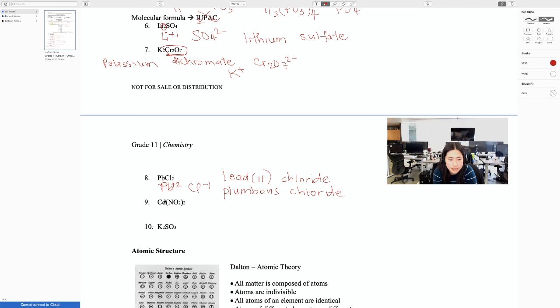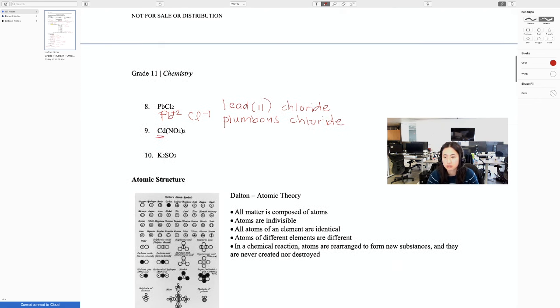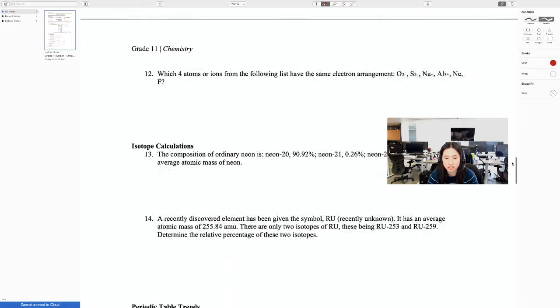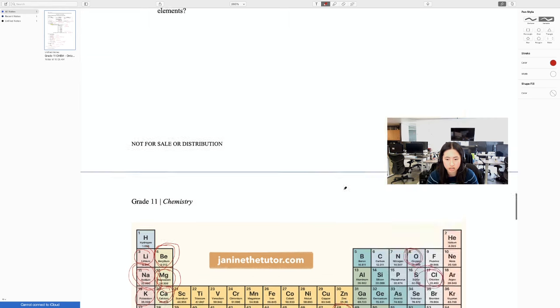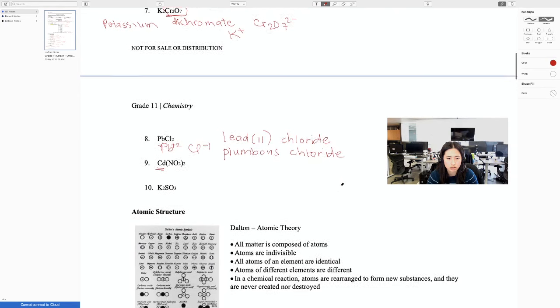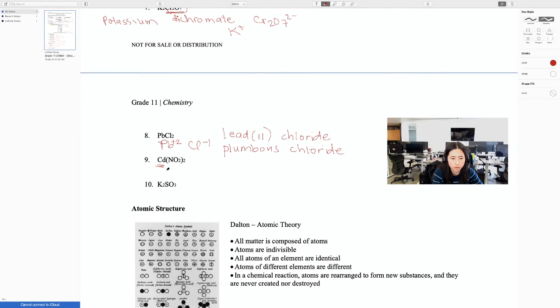Okay, so for Cd(NO2), this is cadmium, right? So first of all, where's cadmium? It's a transition metal. It's a multivalent metal. So cadmium is right here. So it's Cd+2, because we know it's a metal, therefore you need to apply the crisscross method here.